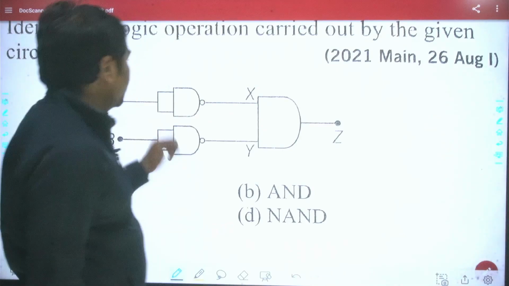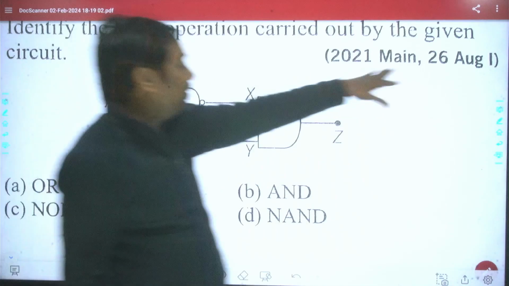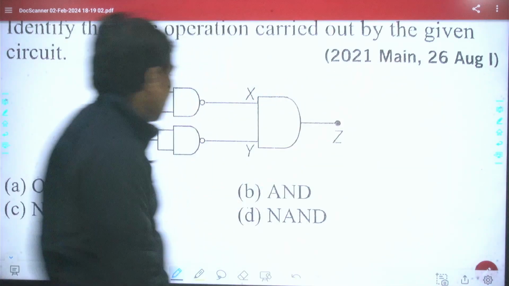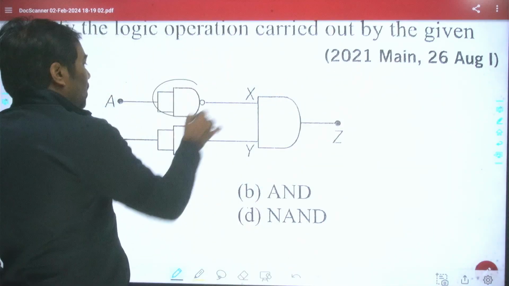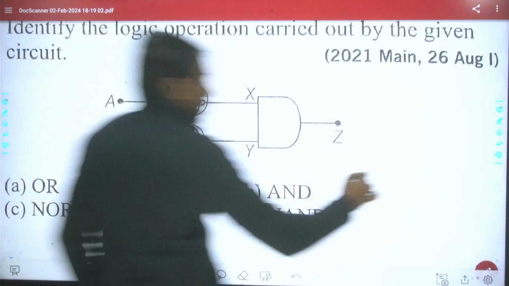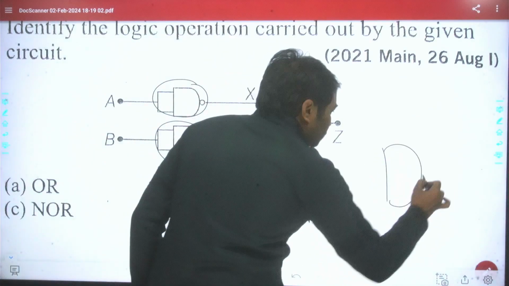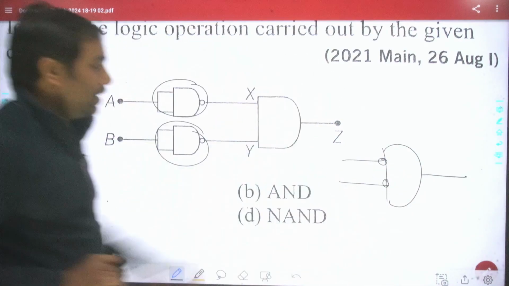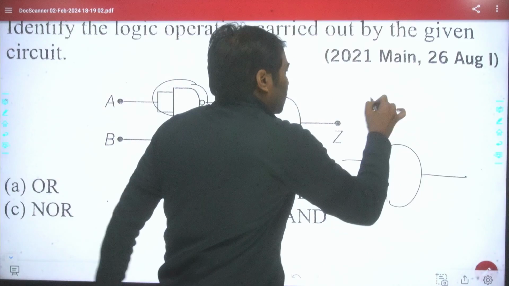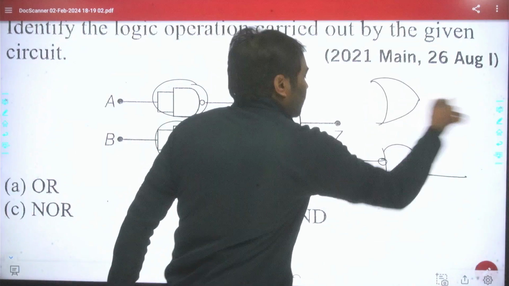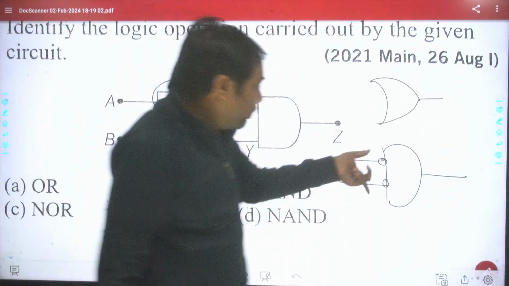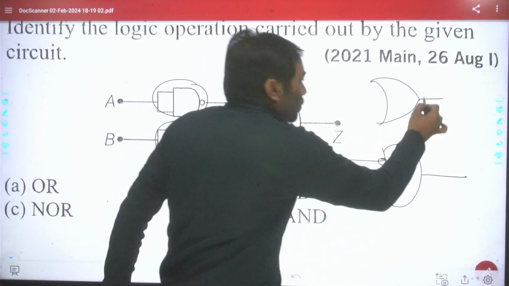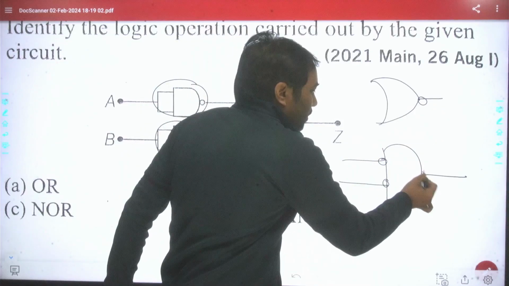This is again a question, JEE Mains 2021. Again, this one is a NOT, apply it here. What is the trick? Just replace the AND by OR. And where is the bubble? The input side has a bubble, then remove it, and the output side has no bubble, so apply the bubble.